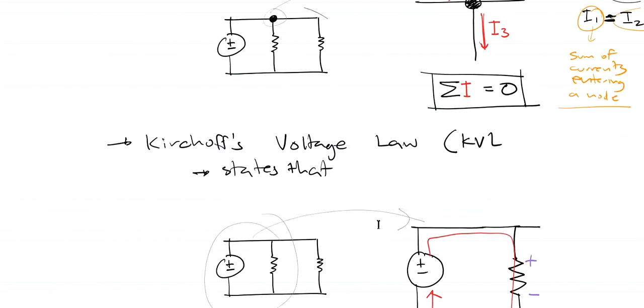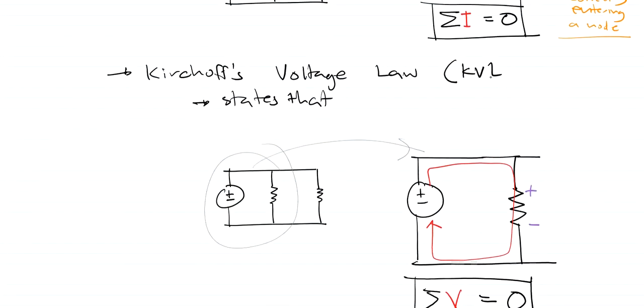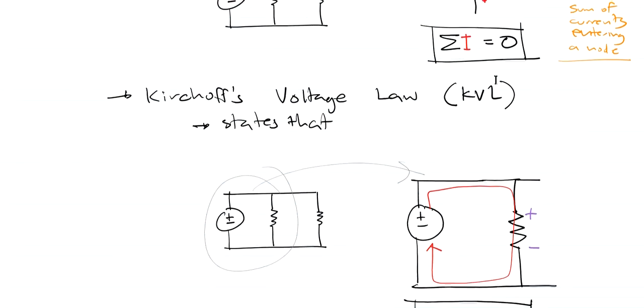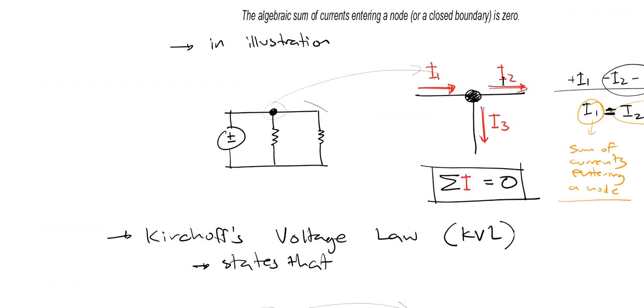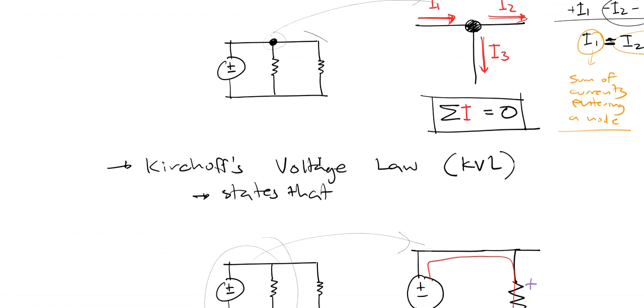Okay, so next one is the Kirchhoff's voltage law, or the KVL, which states that, I think I forgot to write it here, but it's the sum of, let me rewrite it.